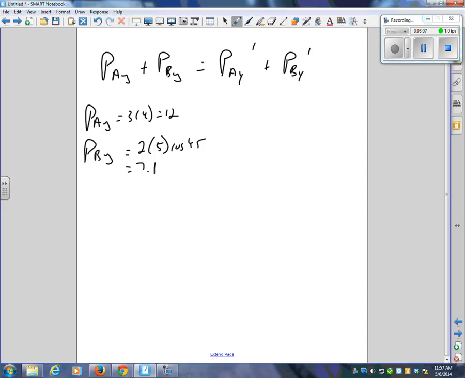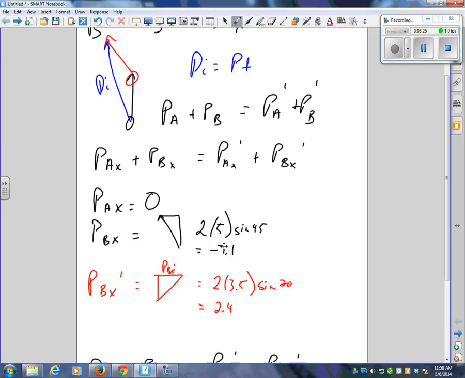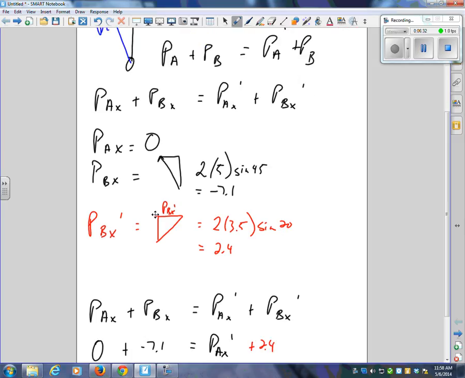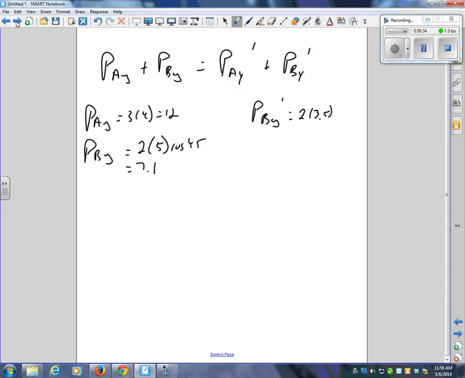We're solving for PAY prime, we don't know that. PBY prime, after, B is going to be 2 times 3.5 times the cos of 20, which is 6.6.